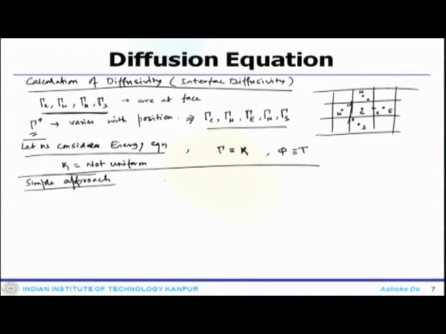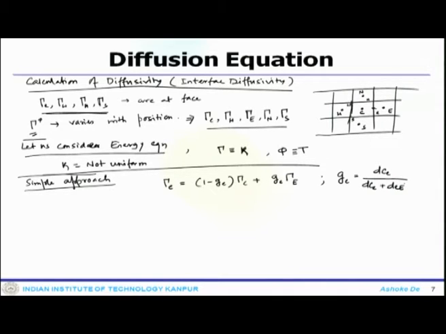Let us say gamma at interface E is a contribution of gamma C plus G E gamma E. If gamma C and gamma E are equivalent, there will be equal contribution, where the interpolation factor G E can be calculated from the distances between the centroids of C and E, written as DCE divided by DCE plus DEE.